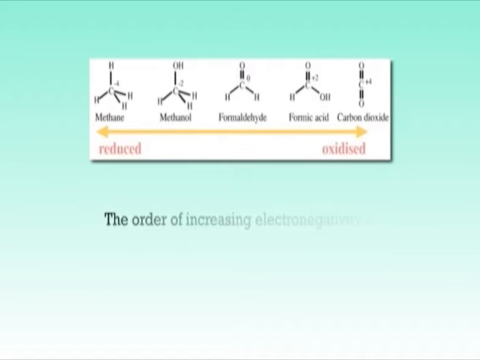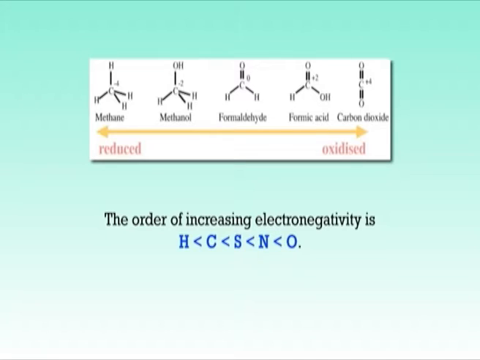The order of increasing electronegativity is hydrogen less than carbon less than sulfur less than nitrogen less than oxygen. The more electronegative atom owns the bonding electrons it shares with another atom. With each formal loss of electrons, the carbon atom has undergone oxidation, even when no oxygen is involved, as in the conversion of an alkane to an alkene.